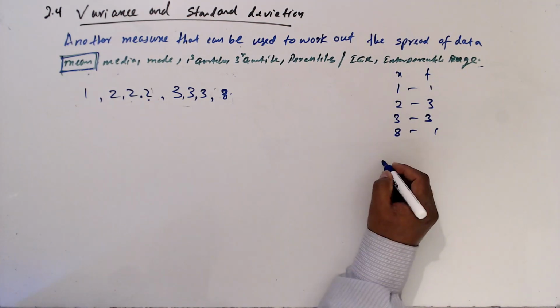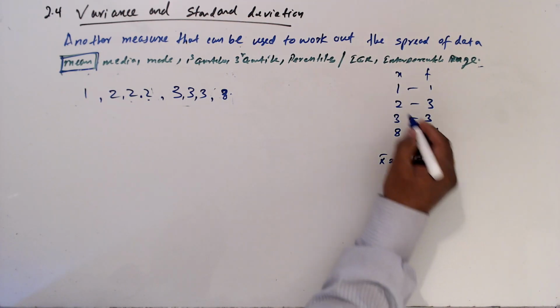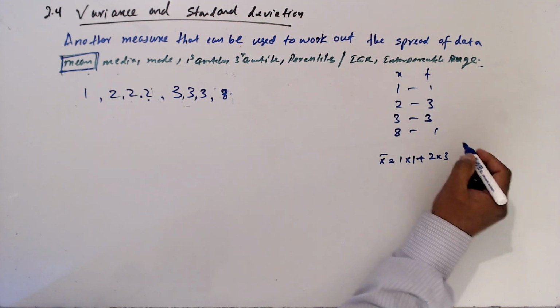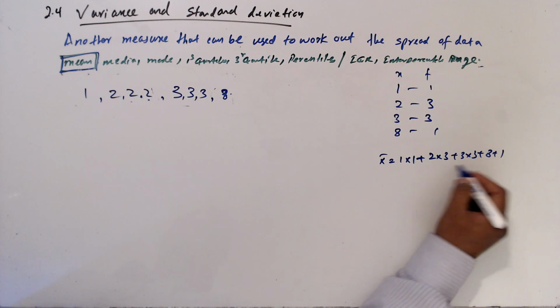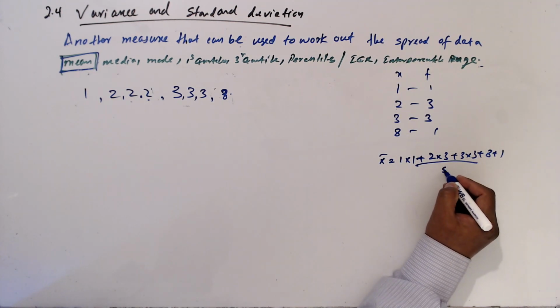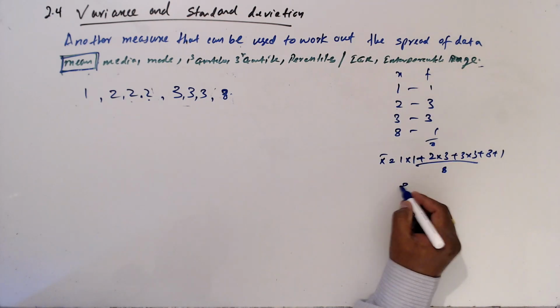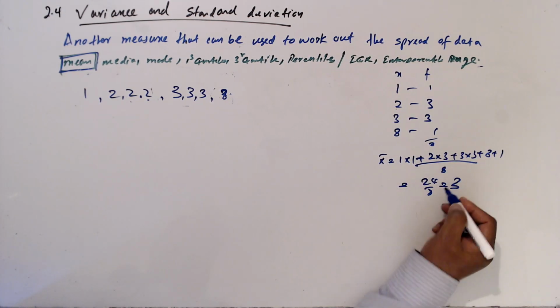So what is x bar now? 1 times 1 plus 2 times 3 and 3 times 3 and 8 times 1, over 8. The total frequency is 8, so that is going to be 24 divided by 8, which is 3.